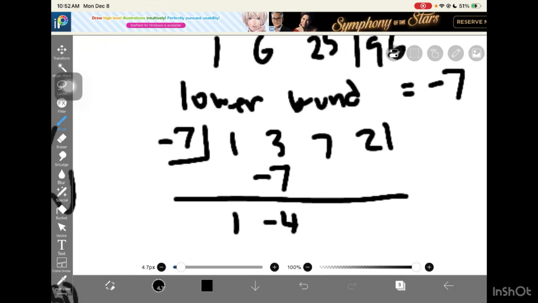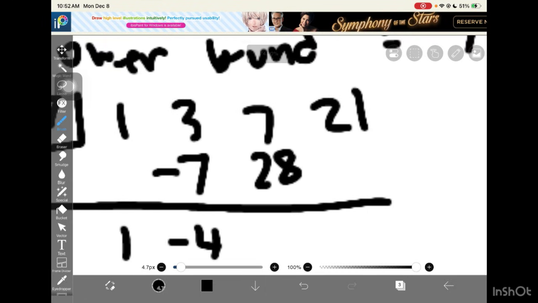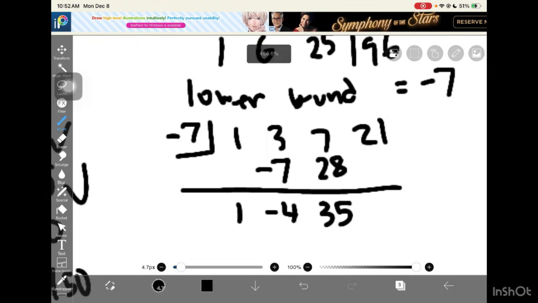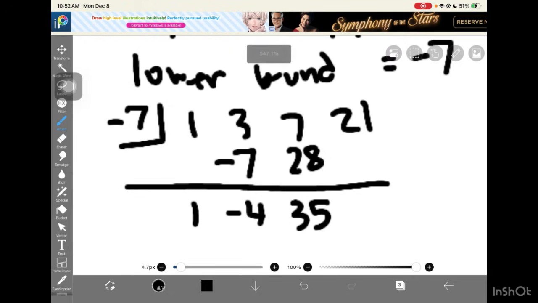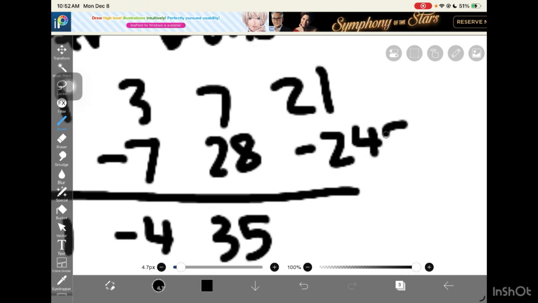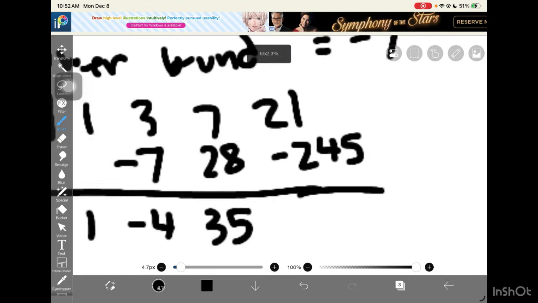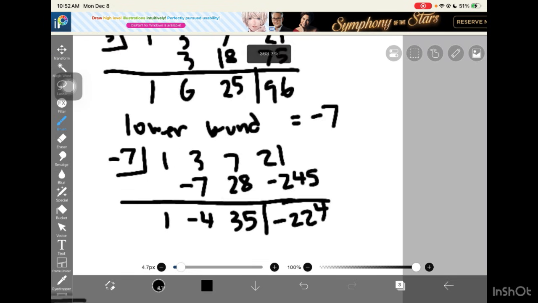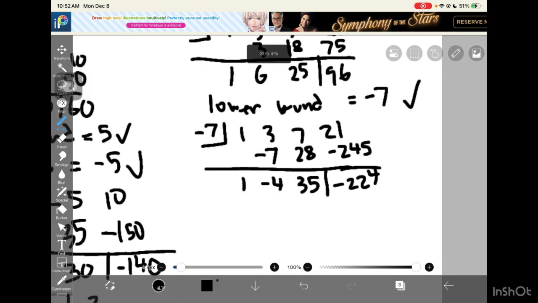Negative 4 times negative 7 is 28. This is 35. 35 times negative 7 is negative 245. And then if you add this together, this one becomes negative 224. So it's alternating sign, so this is a lower bound.